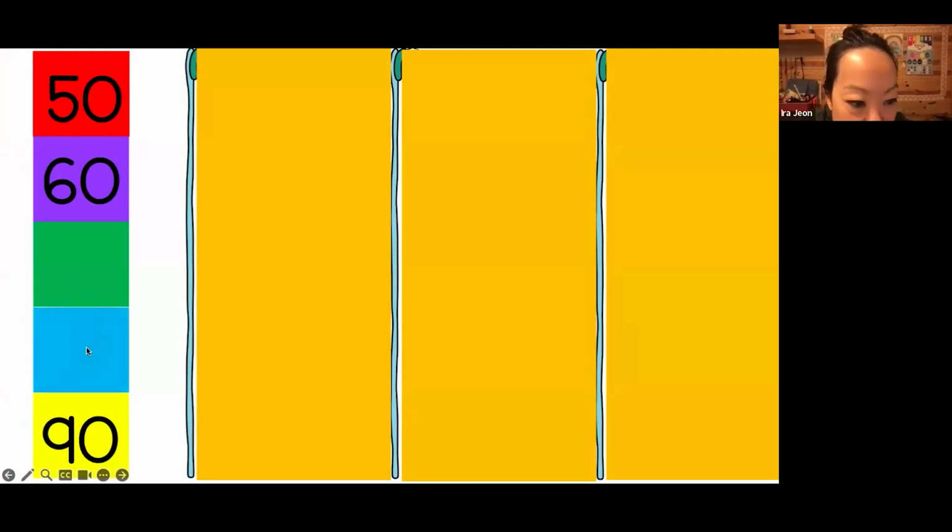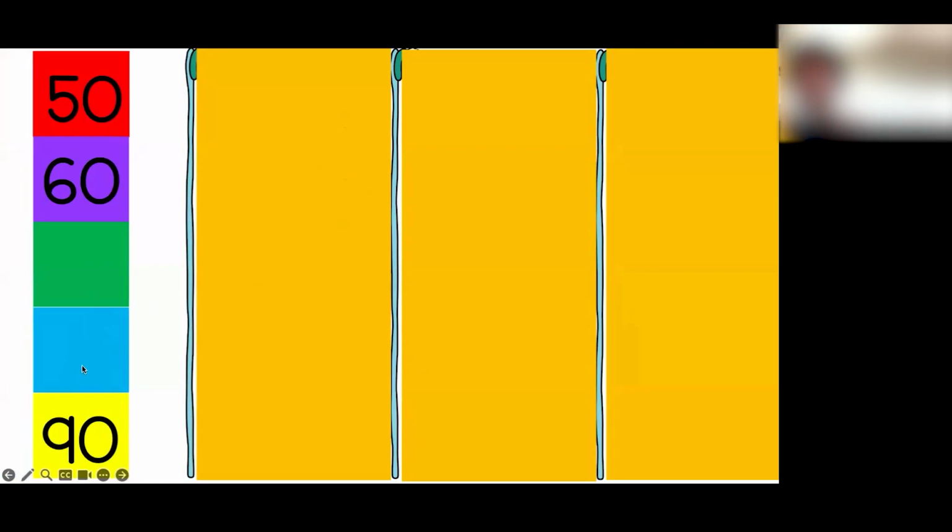So we're trying to figure out what number is going in the blue box right there. Yes, Shastika, what number is going in the blue box right there? 90, 80, 70 would go there. Look, 50, 60, 70 would go there. What goes there? 80. Nice.